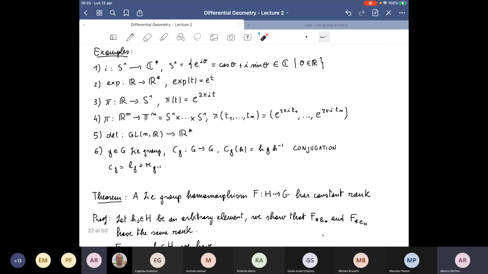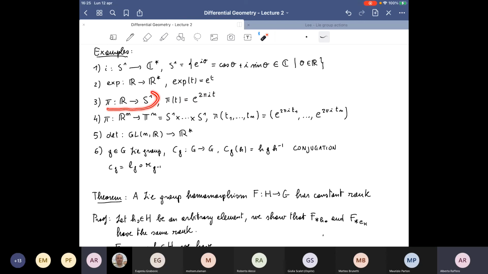Moreover, you have other Lie group homomorphisms, for instance this one between the real line and S1, sending each real number t to the point in S1 given by e to the 2 pi i t. If you prefer, think of this in terms of sine and cosine of the angle, and think of it as a complex number, using the Gauss plane to represent it on a two-dimensional plane.